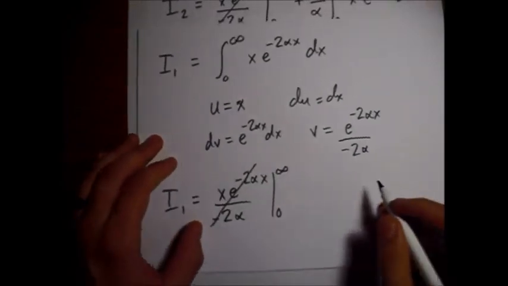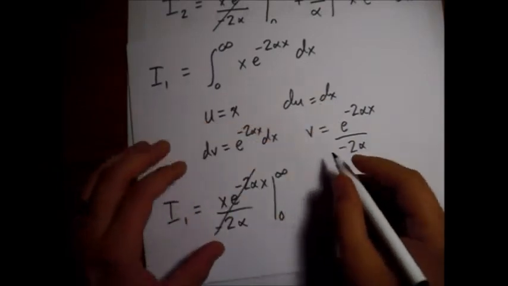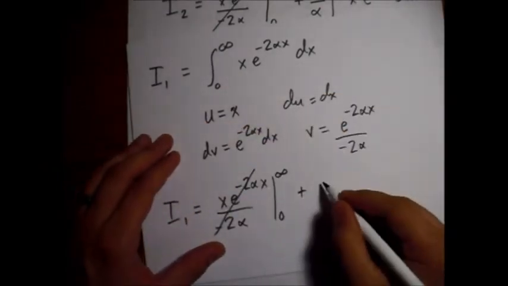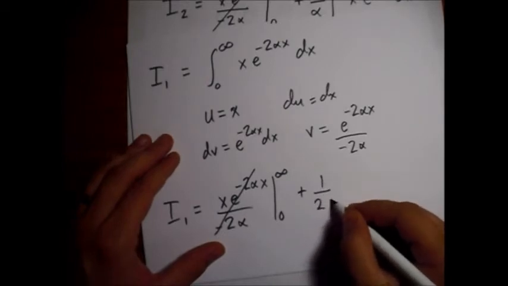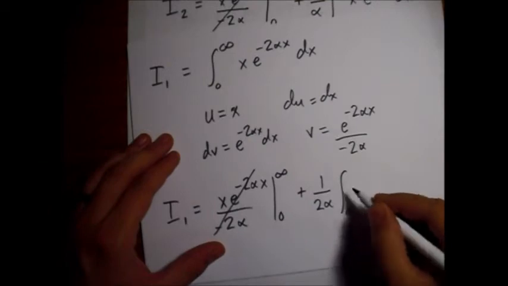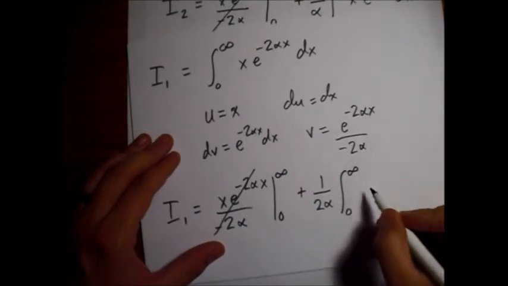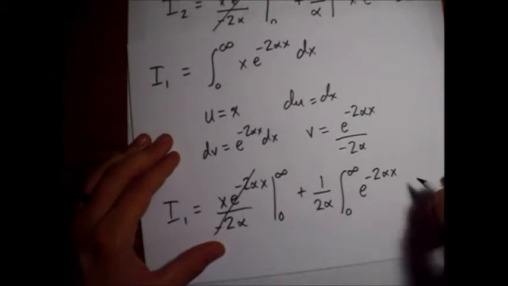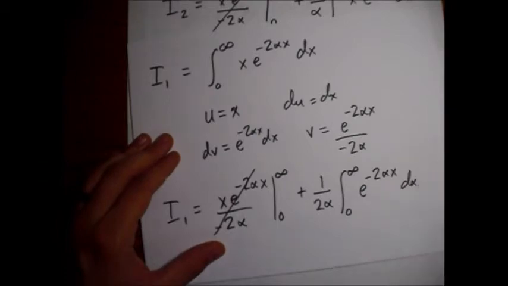All right, and then we'll do our v du, which is, again, bringing out a plus sign, 1 over 2 alpha times the integral from 0 to infinity of e to the minus 2 alpha x dx.